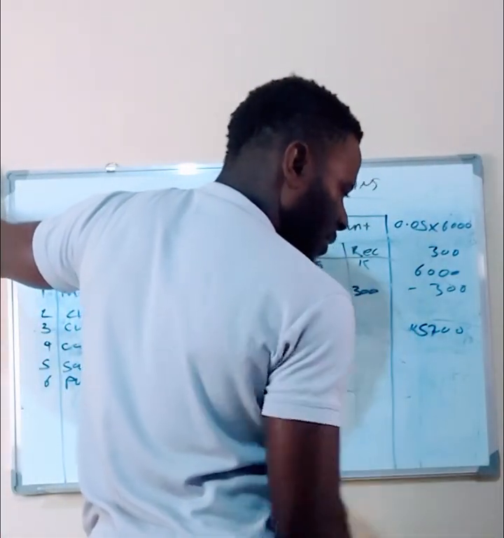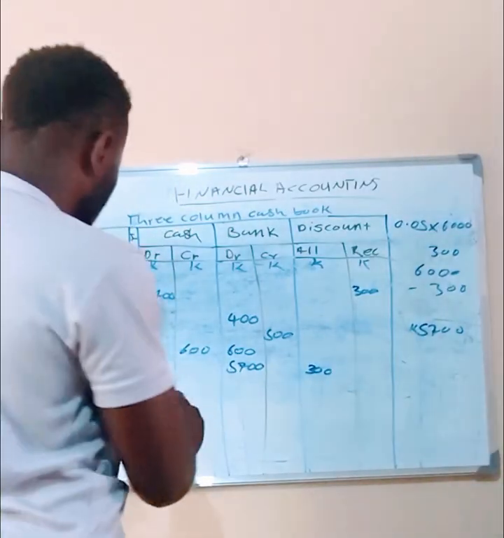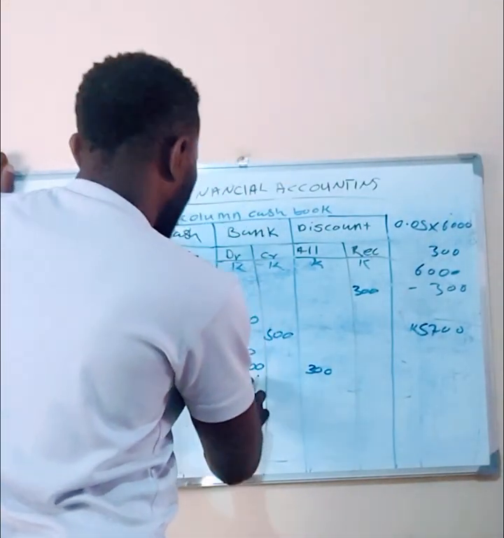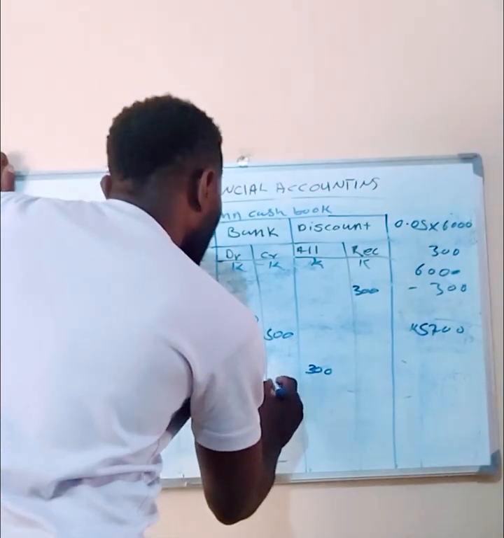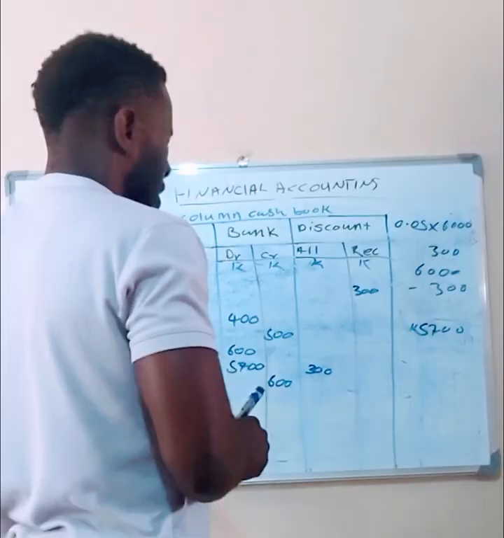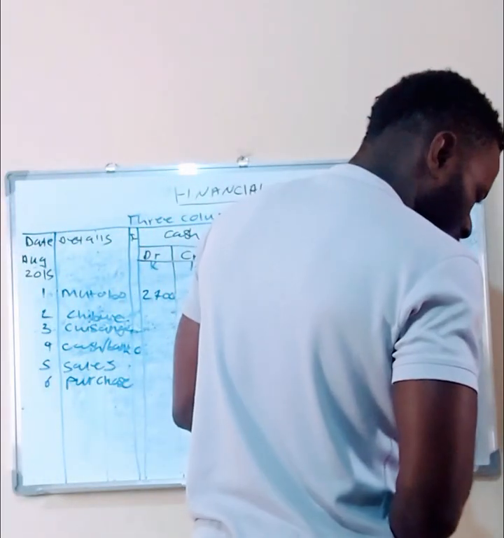Purchase goods by check, we have 600. So the bank account is going to be credited.